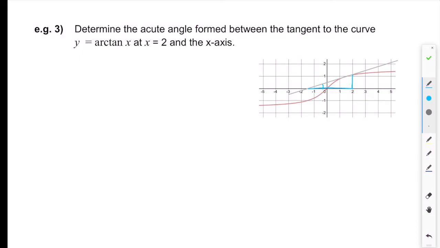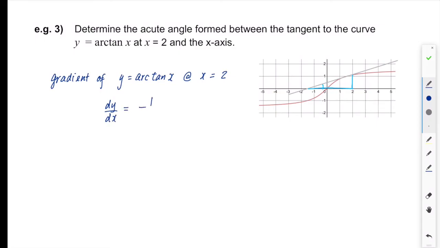So first of all, let's figure out the slope, or the gradient, of the tangent at x equals 2. Gradient of y equals arctan x at x equals 2. We need dy by dx.